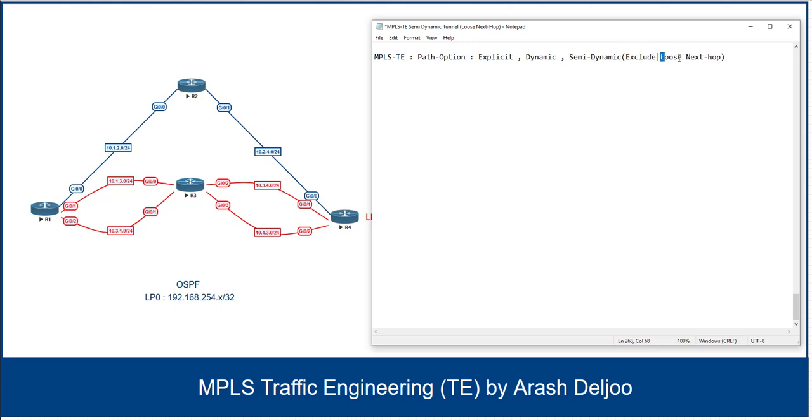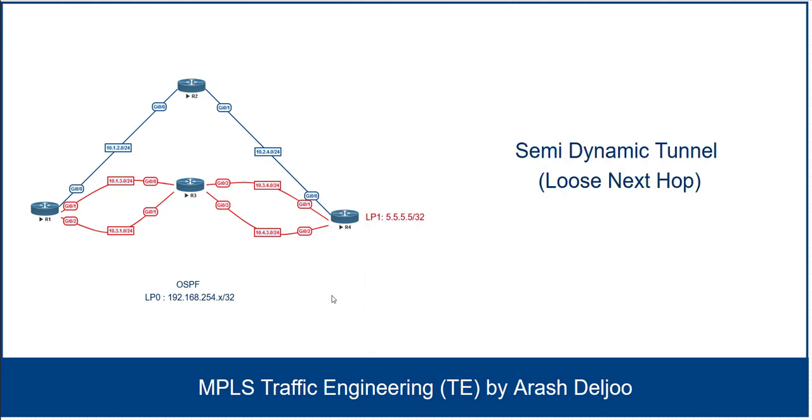But when you configure loose next hop, you say you can reach router 3 from each link that you have, for example. I think this is nearer to the explicit method. But finally, as a summary, we can say the semi-dynamic method is something between the explicit and dynamic methods.